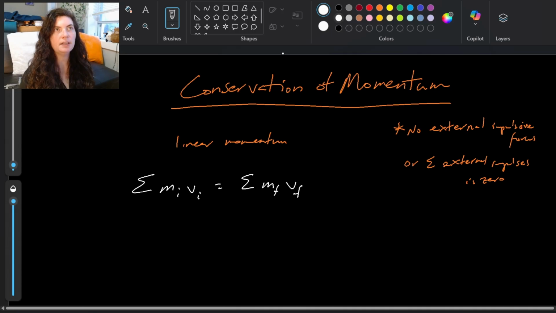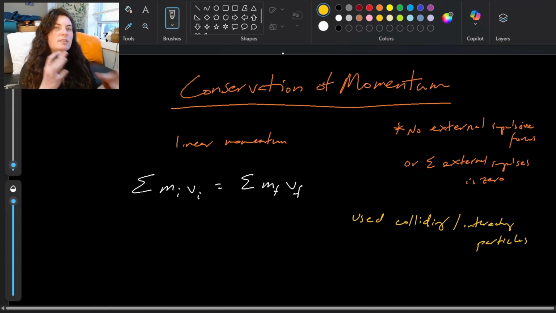And typically we use this for colliding or interacting particles.